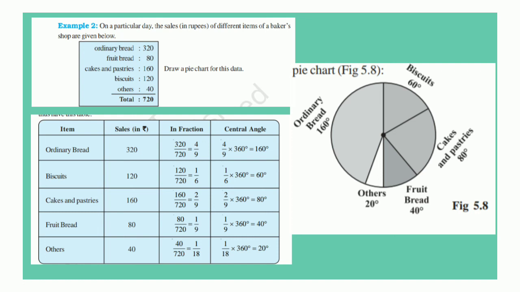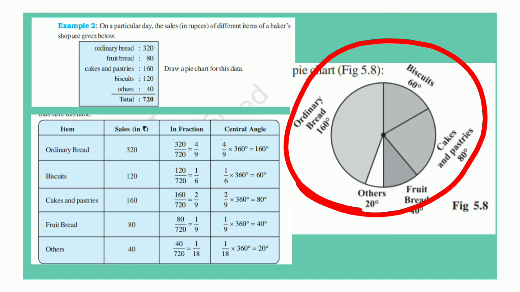So this degree data is marked on the circle. Firstly, we have to draw a circle with any radius. You can take any radius.